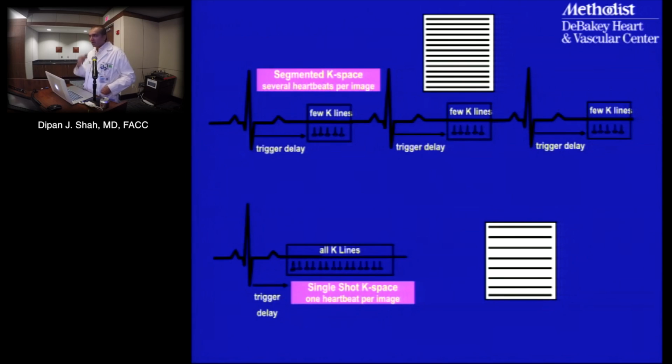You're compromising a little in the sense that your resolution is not as high, but it still allows you to get the image within one heartbeat, so you don't have the artifacts that occur from irregularity, either because of arrhythmias or because of a patient's inability to hold their breath.